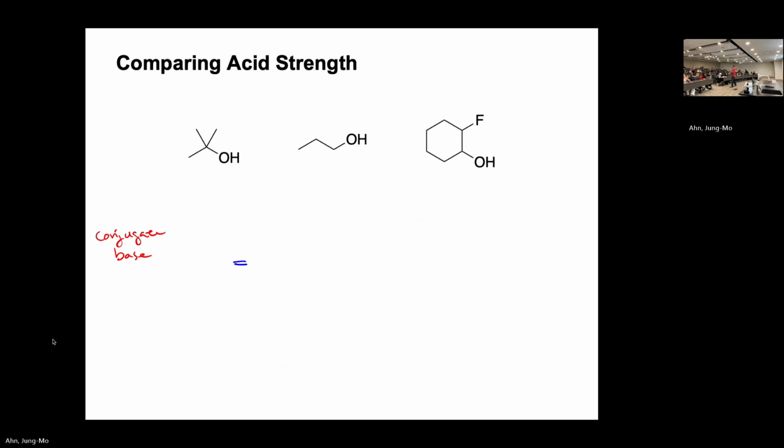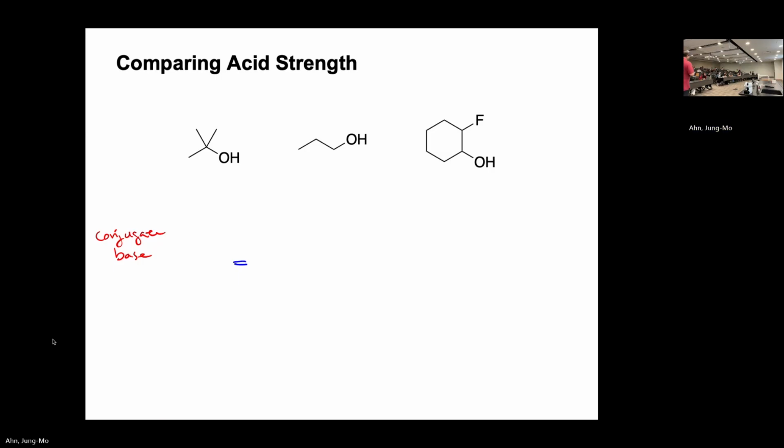Then there are other things that change the acidity, not as big as changing the electronegative atom or the size, but smaller factors that you've also got to consider when you rank molecules by acidity. Here are 3 examples.